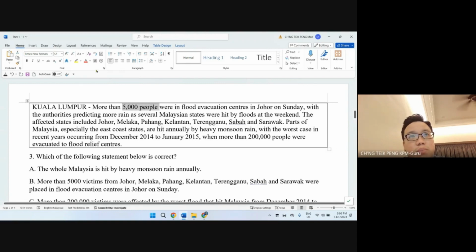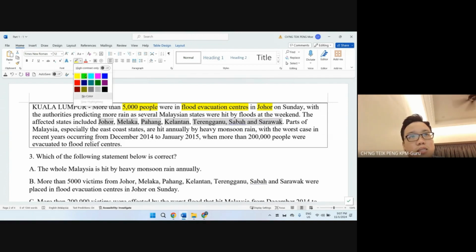So let's look at the main idea, okay? So 5,000 people, and then evacuation center, and then Johor. All right. So the 5,000 people, they are the victims in Johor. Understand? And then the authorities, it's like the government, are saying that more rain will hit other states, especially Johor, Malacca, Pahang, Kelantan, Terengganu, Sabah, and Sarawak.